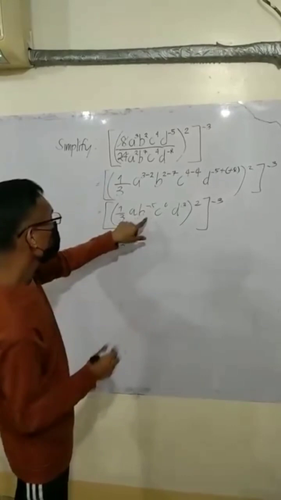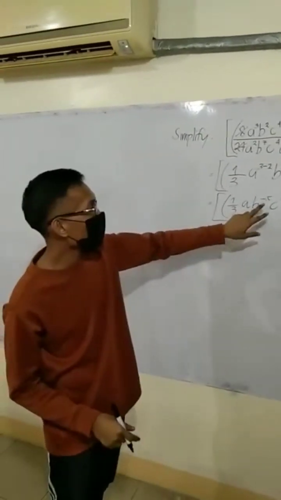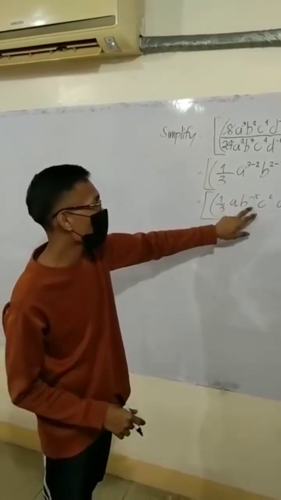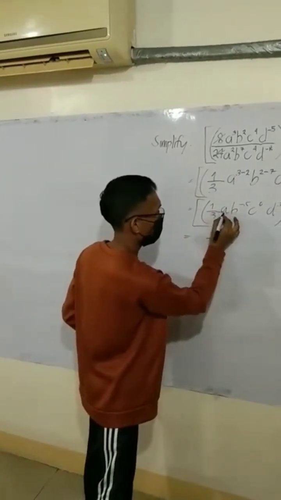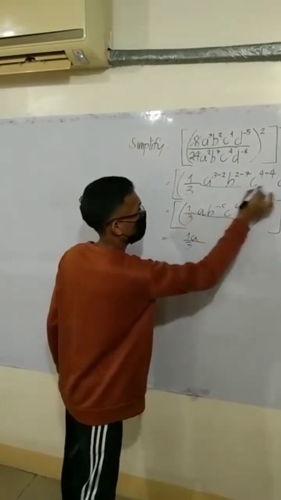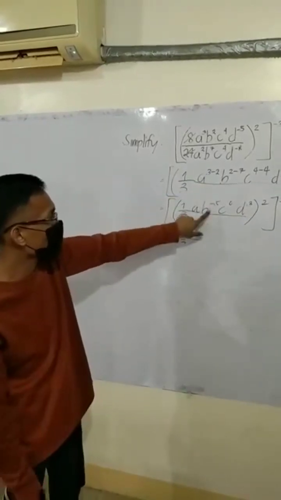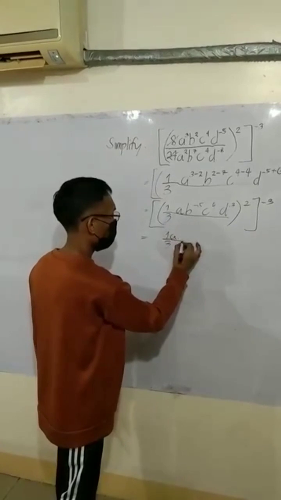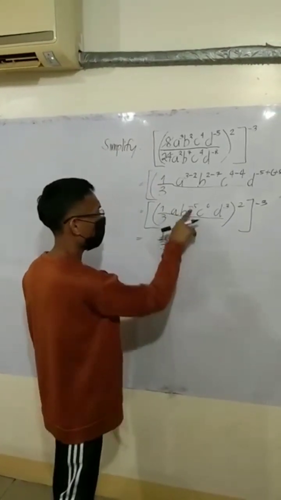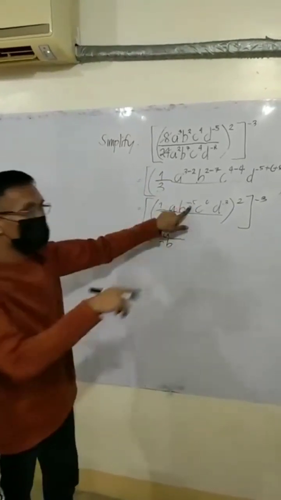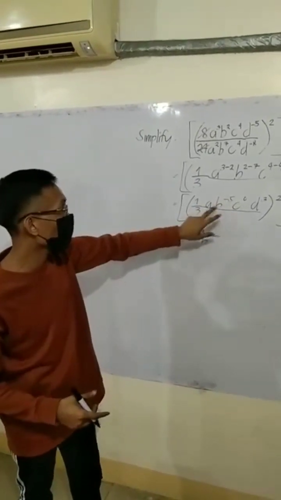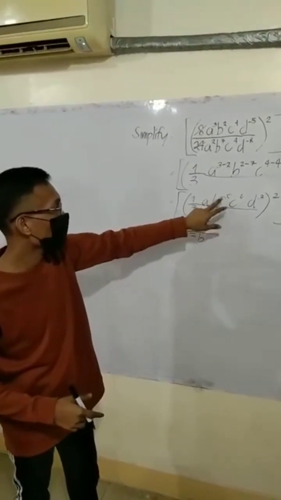Now take note that if a certain variable has a negative exponent, we're going to transfer that. This is actually in the upper part of this expression, so we're going to transfer that to the denominator. So b will be transferred to the denominator, and from negative, we're going to change this to positive because we've already transferred b raised to -5 to the denominator.